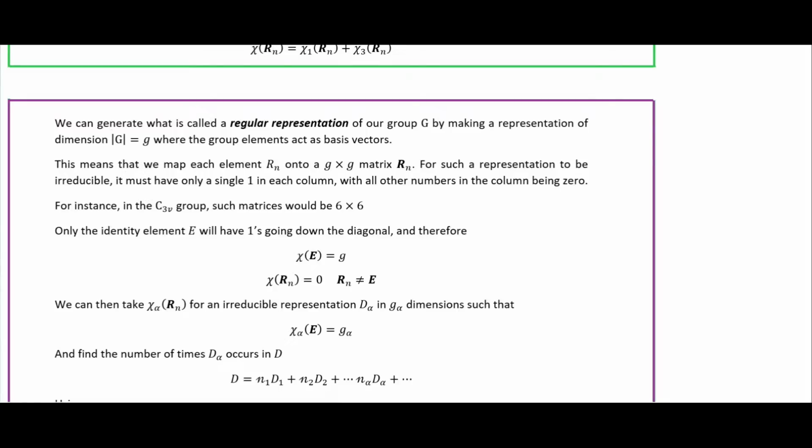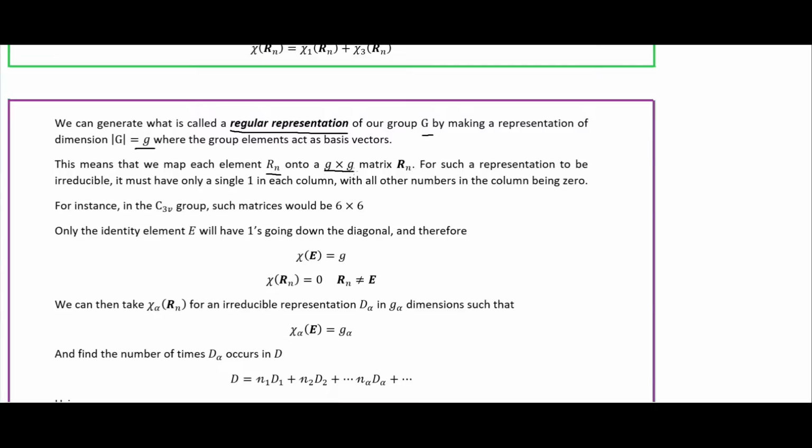All right, so once again, changing direction here. We can generate what's called the regular representation of our group G by making a representation of dimension equal to the order, where the group elements act as basis vectors. So this means that we map each element of our group onto a G by G matrix.